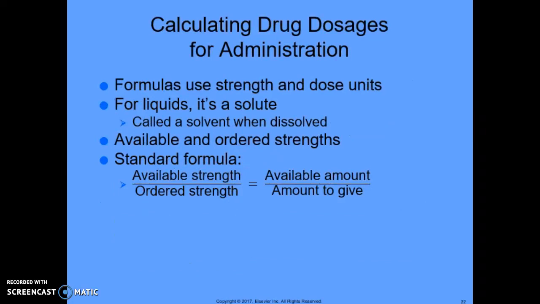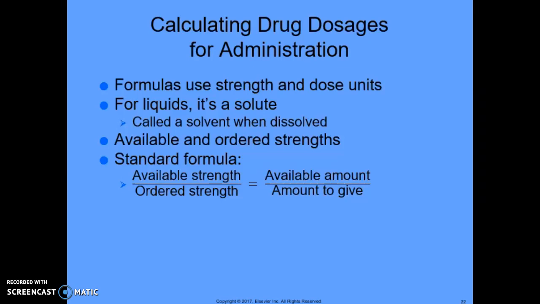So calculating drug dosages for administration, the formulas use the strength and dose units. For liquid, it's a solute, which is called a solvent when it's dissolved. And there's the available and the ordered strength. It's the same kind of thing because we have what we have on hand, and then we have what was the order.